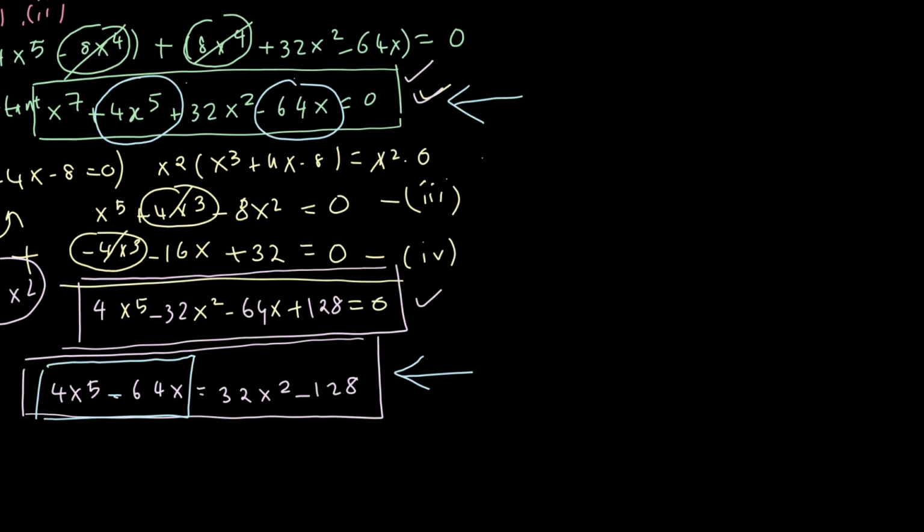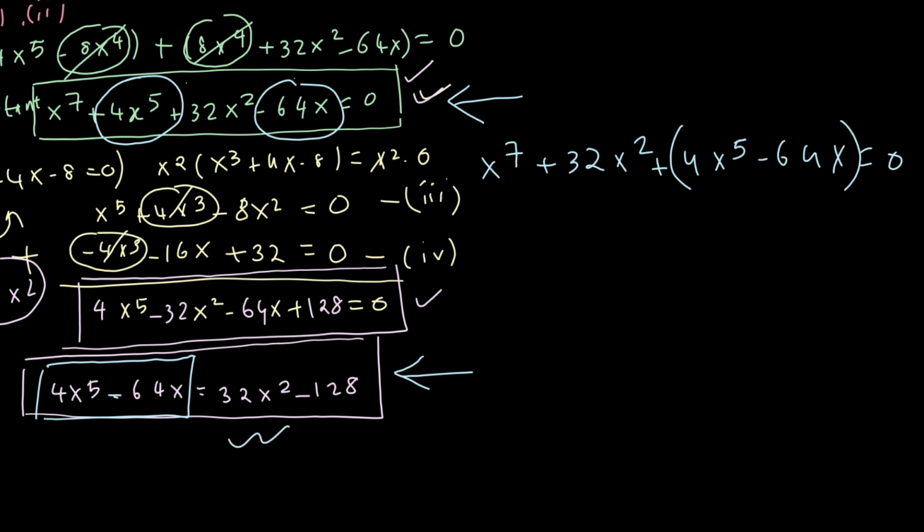So first of all, this important equation can be written as x to the power 7 plus 32 times x square plus 4 times x to the power 5 minus 64 times x equals 0. We just rearrange the terms on the LHS. Now this complete term for 4 times x to the power 5 minus 64 times x can be replaced with this particular value. Therefore x to the power 7 plus 32 times x square plus, now the value of that term is 32 times x square minus 128 equals 0.